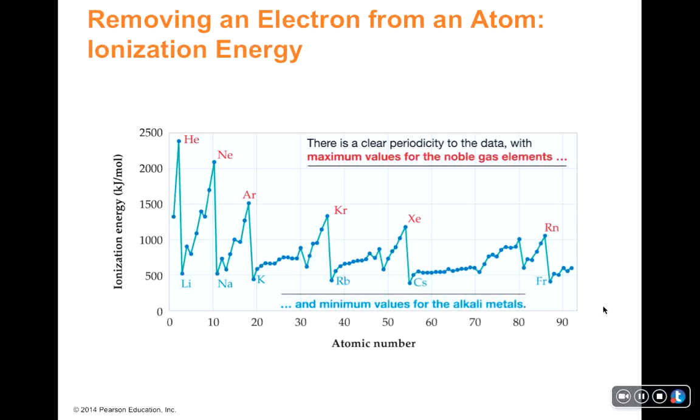And again, that's because we're talking about removing an electron, and those noble gases do not want to lose electrons. They also don't want to gain electrons. They're essentially in a perfect state, if you will, and have just as many electrons as they want and don't want any more. So they will have high ionization energies because, again, we're talking about the energy that's needed to remove an electron, and they don't want to lose electrons. So the energy required to remove those electrons is really high for them.